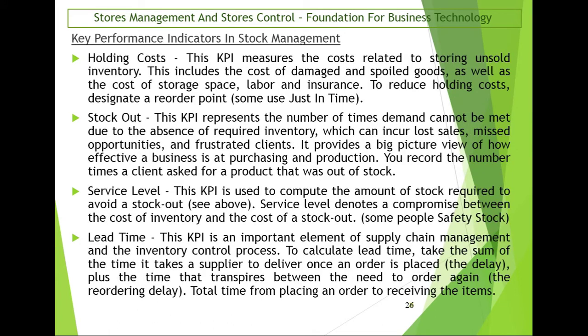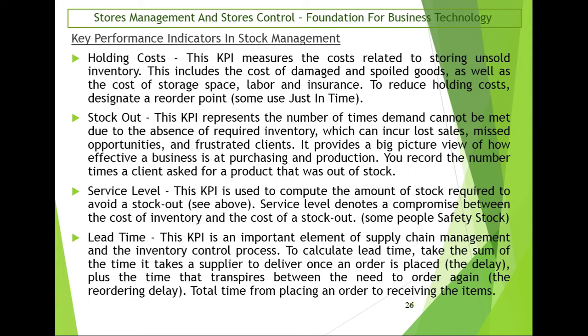The next KPI is the holding costs. So this KPI measures the costs that are related to storing unsold inventory. This includes the cost of damaged and spoiled goods, as well as the cost of storage space, labor and insurance.